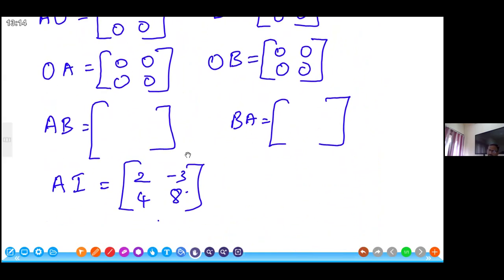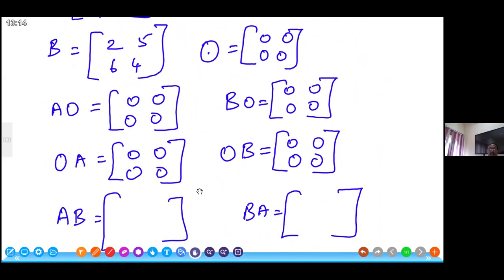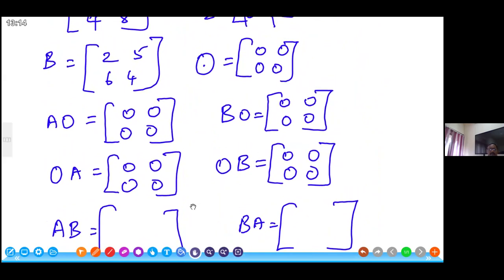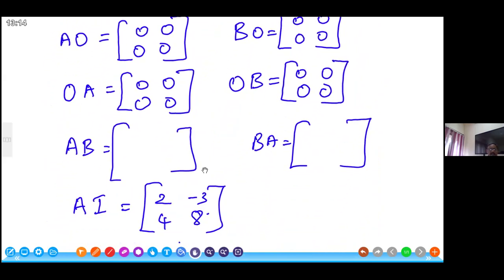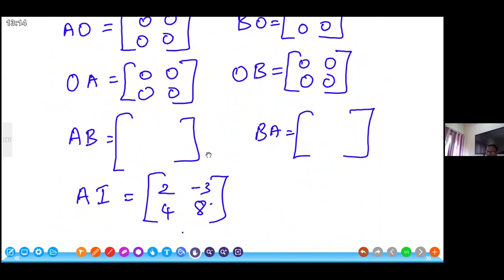Likewise, the AB matrix, you can see what is the AB matrix. Multiply A with B, you get it. Anyone, what is the value for the AB matrix? What are these 4 values? Tell me the 4 values.